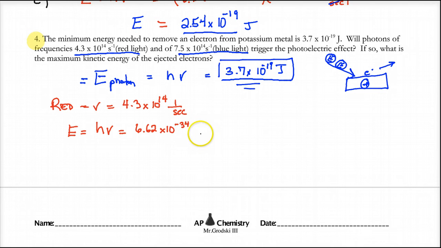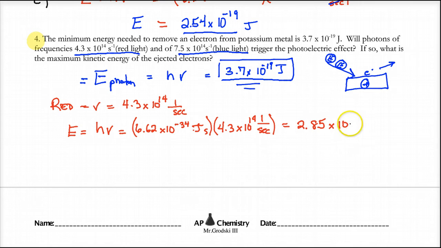Sorry for making things more difficult than I have to. Seems to be my life sometimes. And then we multiply by the frequency, 4.3 times 10 to the 14, 1 over second. Let's find that energy. And I get 2.85 times 10 to the negative 19 joules, and the seconds go bye-bye.